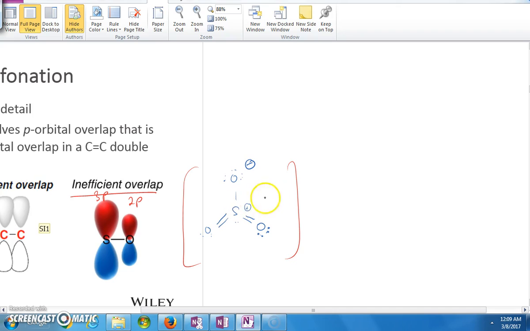So this is what it's going to look like, because you're going to have a positive charge here. You have one more electron here. So you're going to have a positive charge, and you're going to have this here.